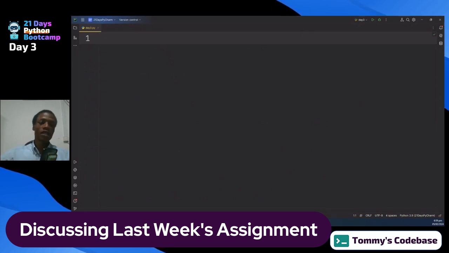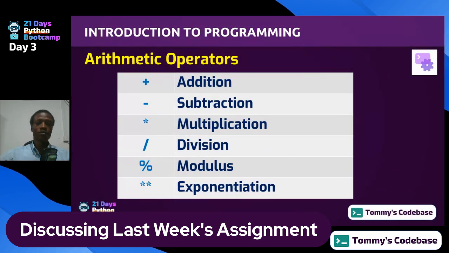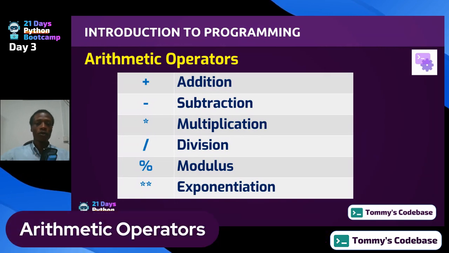Now we are looking at what we call the operators today. And you've already used them in the work that you did, but we'll quickly go through them also. So what we are looking at now is the arithmetic operators.